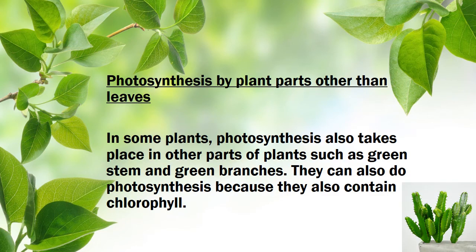Photosynthesis by plant parts other than leaves. In some plants, photosynthesis also takes place in other parts of the plants, such as green stem and green branches. They can also do photosynthesis because they also contain chlorophyll.